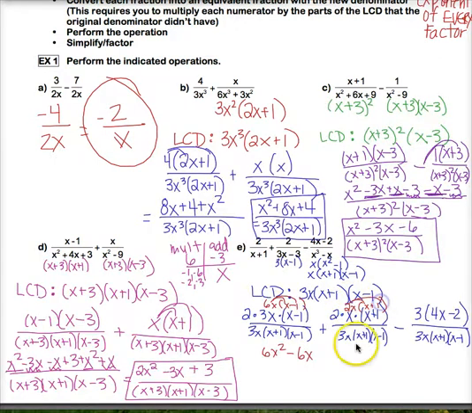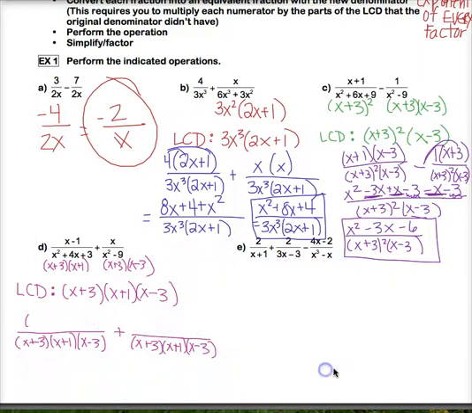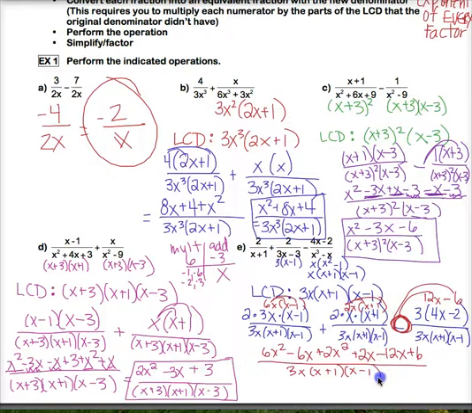So 2x times x is 2x squared. 2x times 1 is 2x. Over here, first I need to distribute because that's 12x minus 6. But this is subtraction. I always get people miss the subtraction. You've got to distribute the negative to both terms. So it'll be minus 12x plus 6. And that will all be over my common denominator of 3x times x plus 1 times x minus 1.